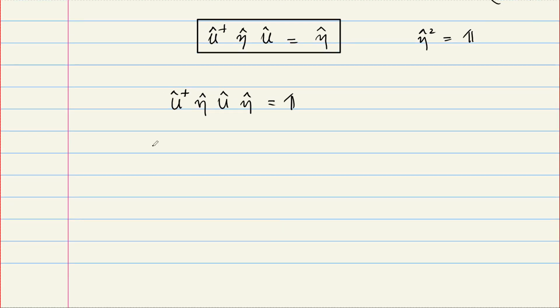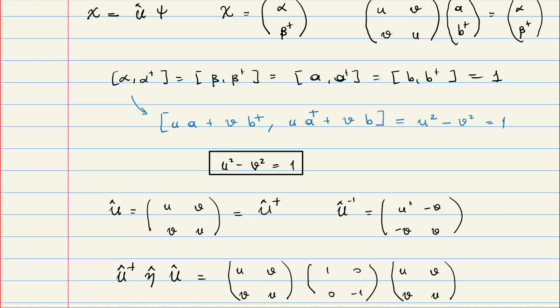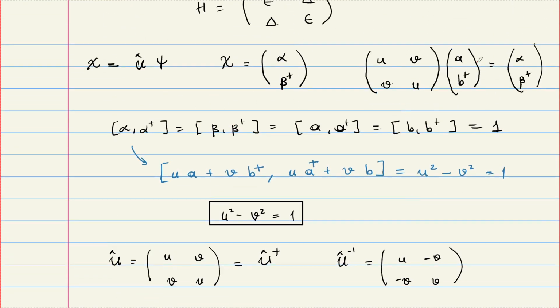Now let's go back to our Hamiltonian. Hamiltonian was H, A dagger B, I have epsilon, delta, delta, epsilon, and I have A, B dagger. So I want to insert here, right? If my transformation is like U times AB, if I multiply this AB with U, it's going to be alpha beta.